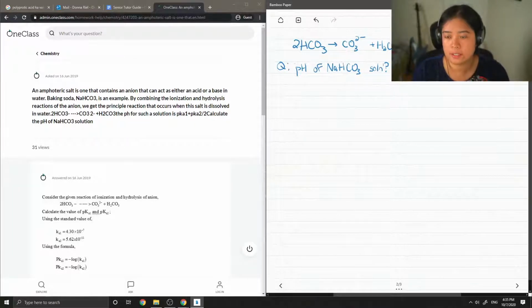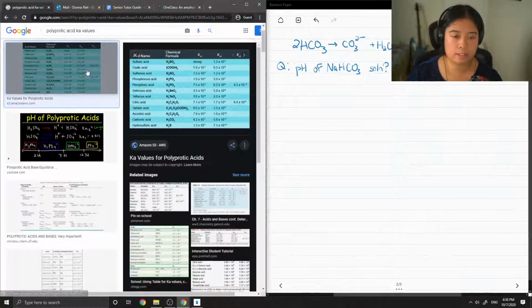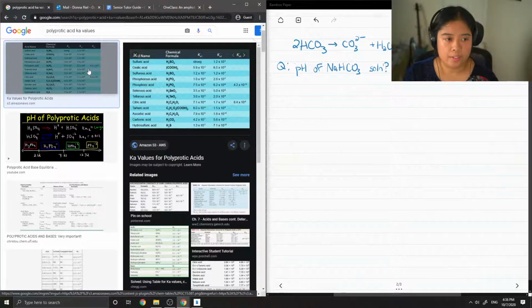Okay, so just looking at this question, this is an example of a polyprotic acid. The first thing we want to do is to find the Ka values of our reactants. So I'm just looking up on Google the different polyprotic acid Ka values.